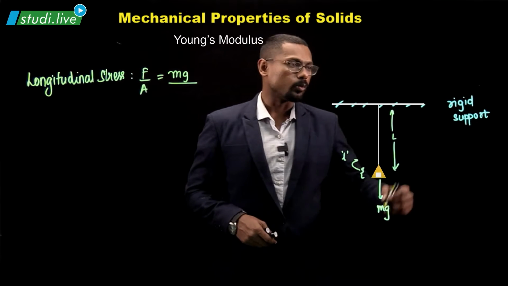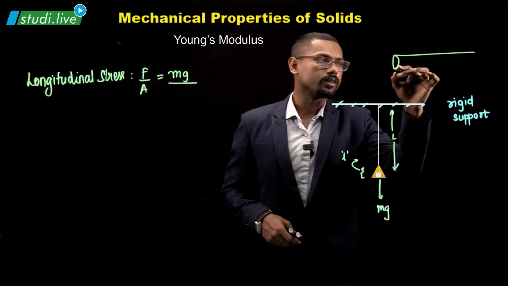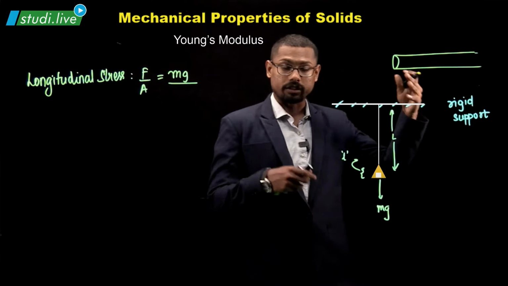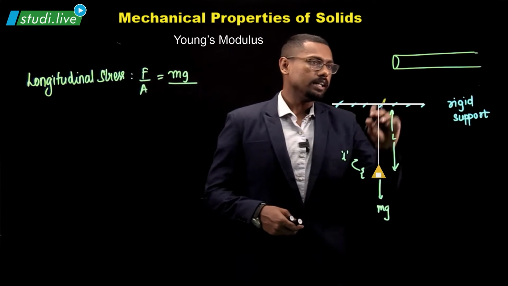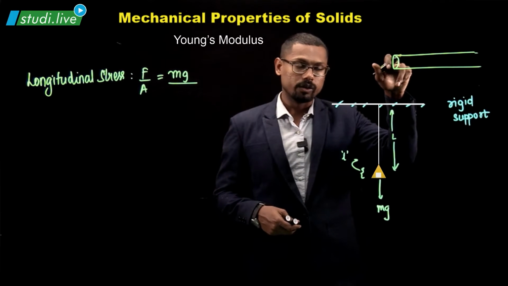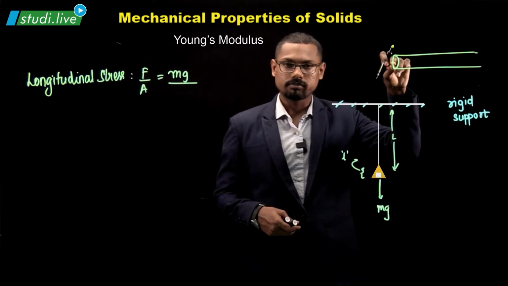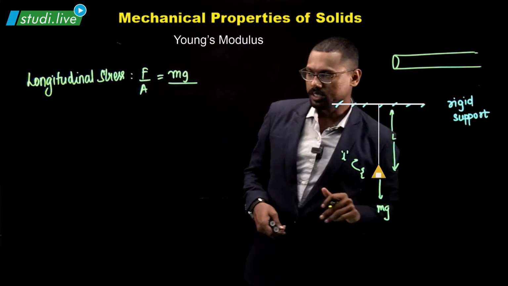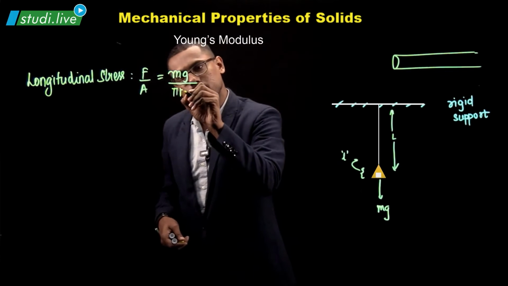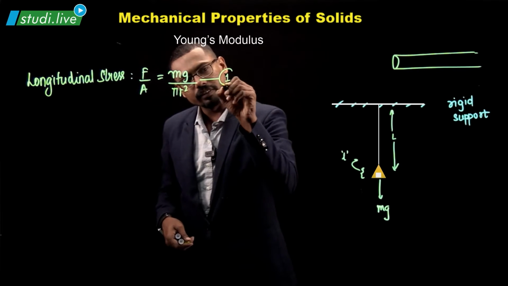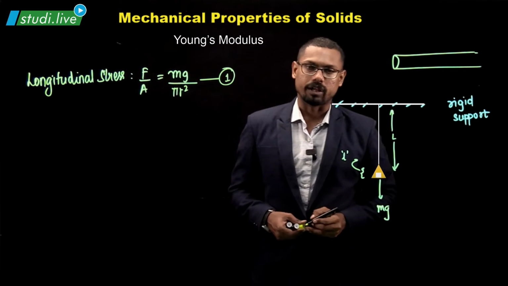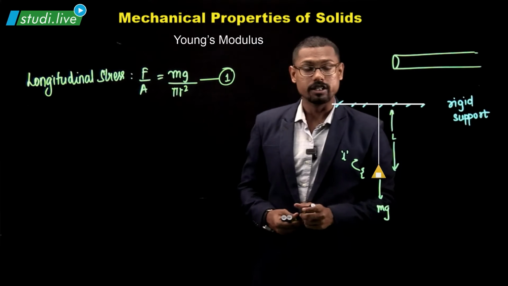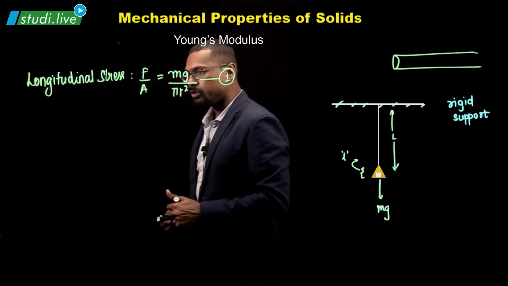If I talk about a wire that looks like this, when I zoom it like 10 times, I see that this area over here is nothing but a circle. Therefore, the area for this wire has to be the area of the circle, that is pi r square. Mg upon pi r square is my expression for longitudinal stress.